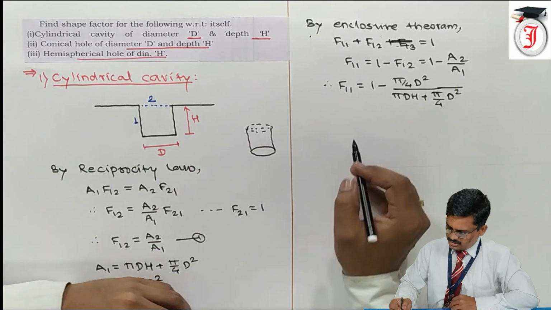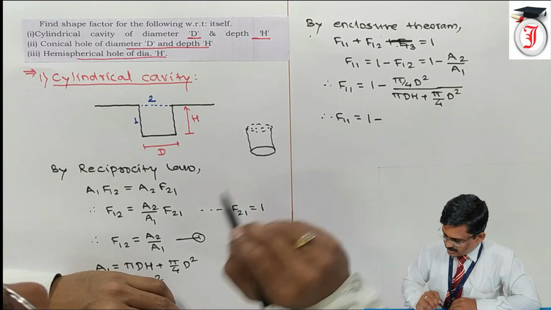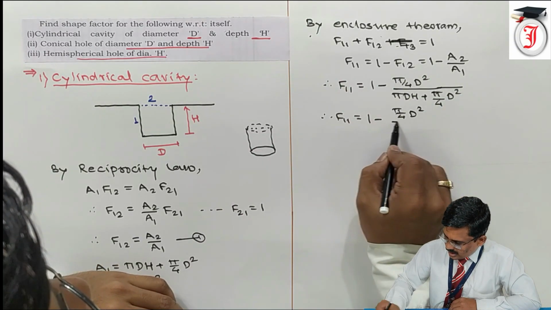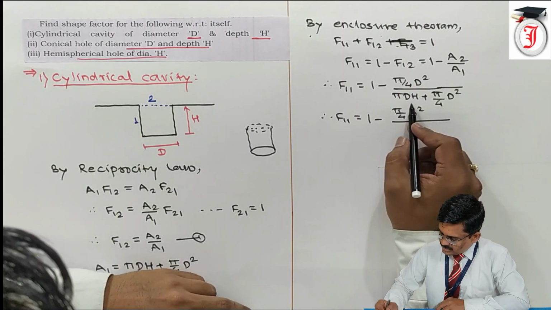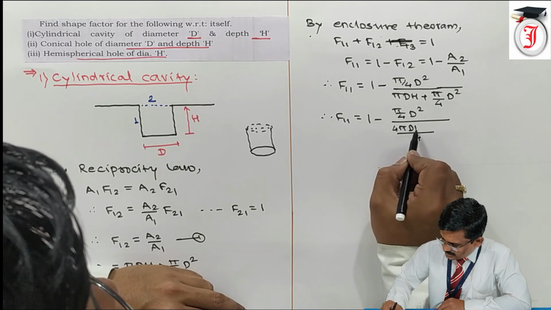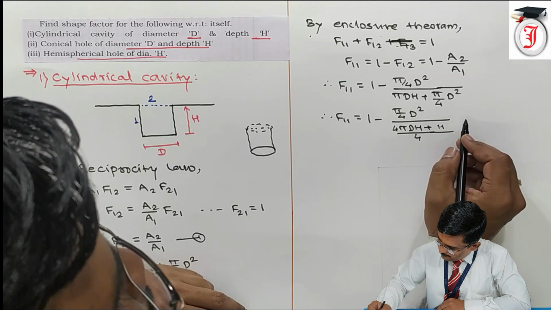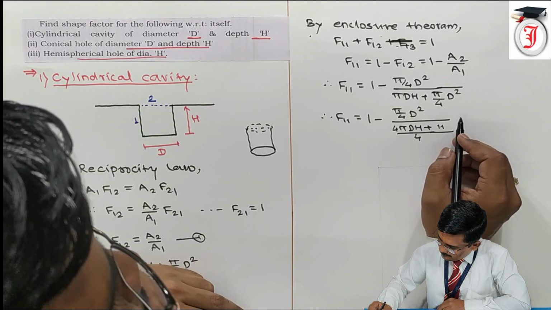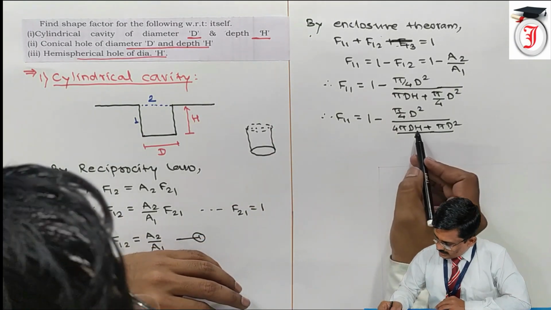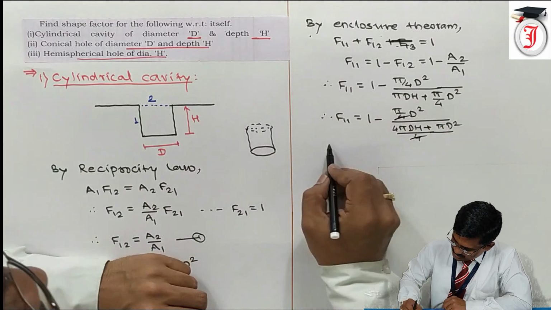So let us simplify these terms. F11 is equal to 1 minus pi by 4 d square upon, taking 4 common, 4 pi d h plus pi d square. Taking pi d common outside the bracket, the 4 gets cancelled.